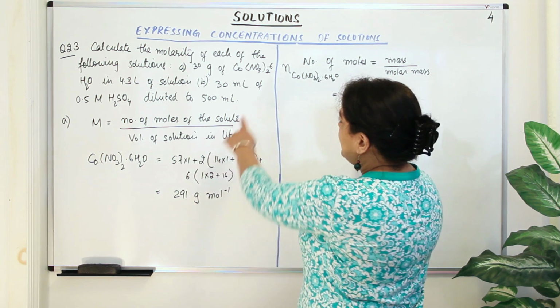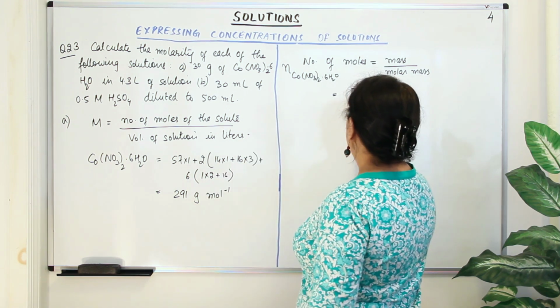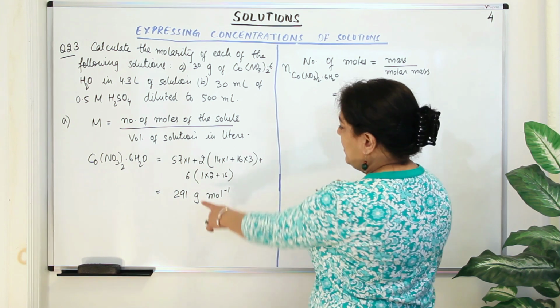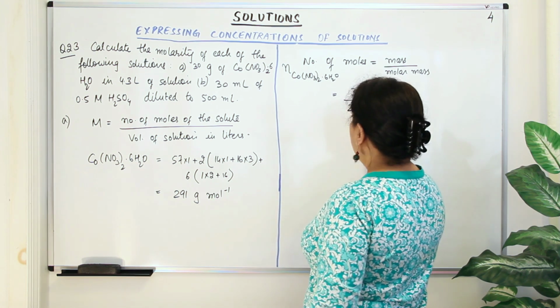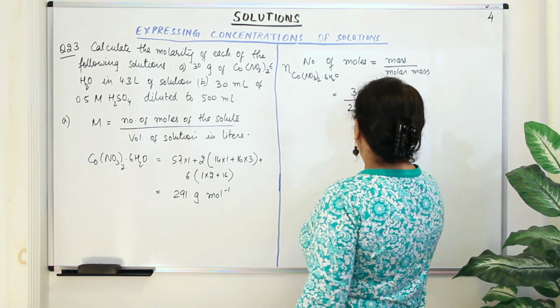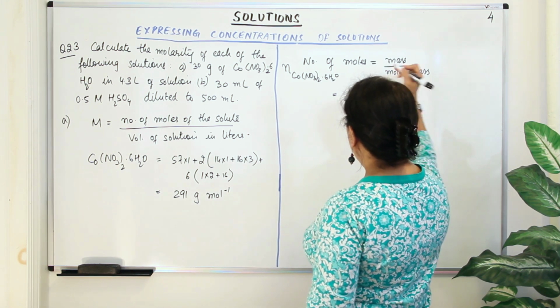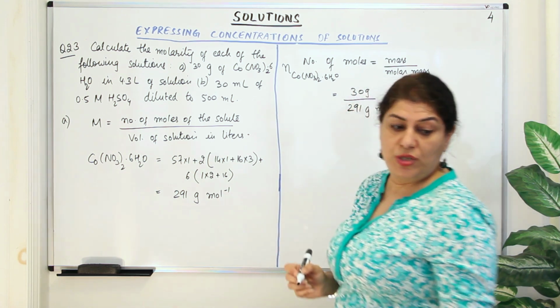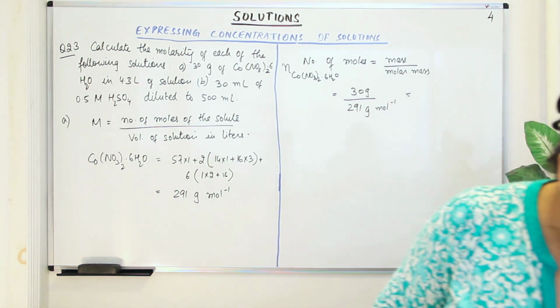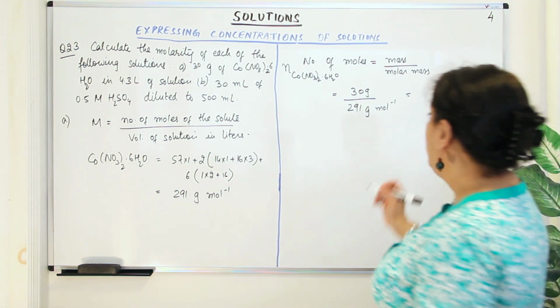The mass given to us is 30 grams, and the molar mass that we calculated is 291 grams per mole, right? The grams and grams will get cancelled and mole will come in the numerator. You will get the number of moles. And what is the number of moles that you calculate? It is 0.103.